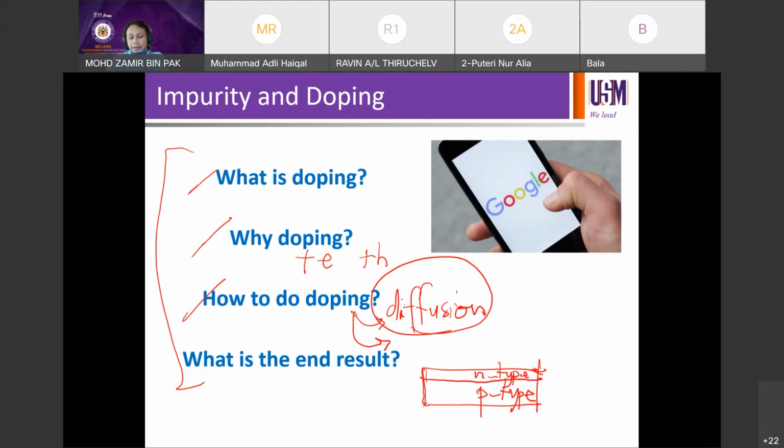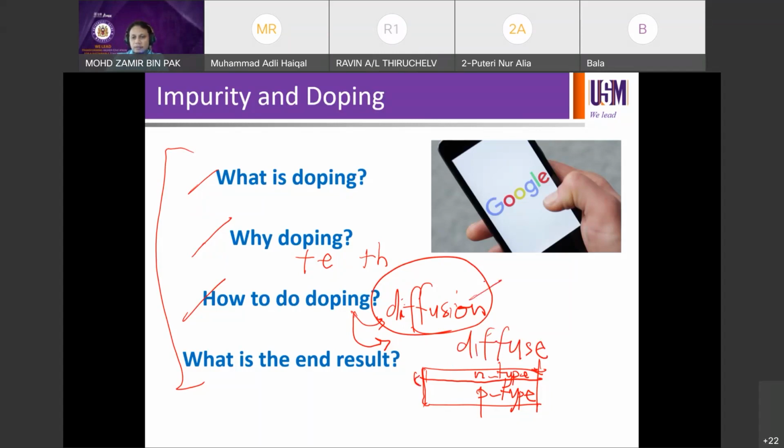Okay, typically, tapi kita boleh buat kat belakang, boleh buat kat depan dan belakang. It can go many different ways. But the basic one is you can diffuse a very thin layer of n-type dopant, for example, phosphorus, arsenic, antimony, into silicon. And then the moment you've done this, you got a p-n junction, right?